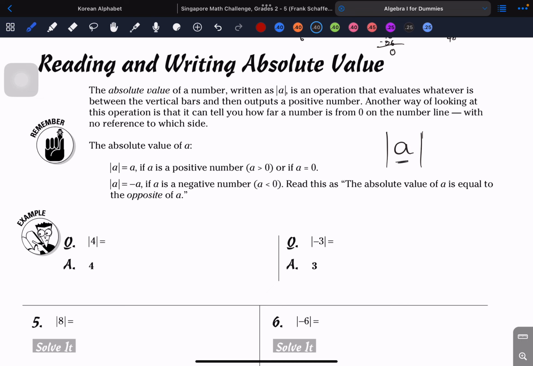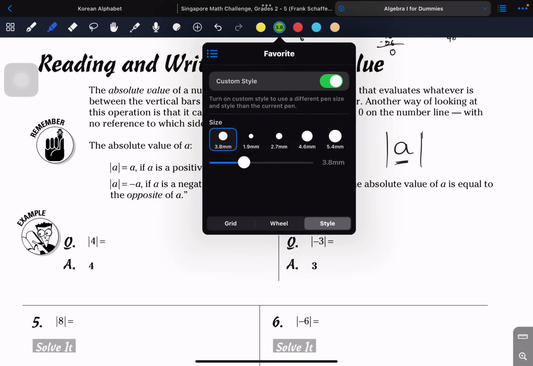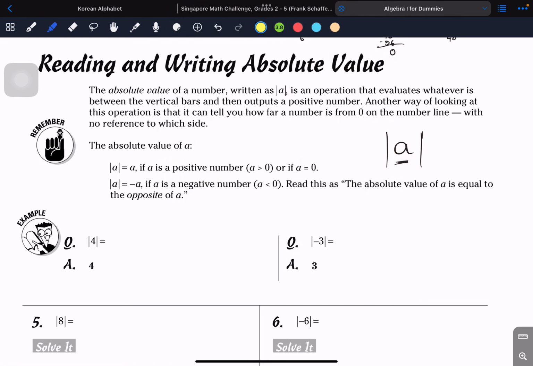Ilagay na lang natin 'tong algebraic expression na A. Sinasabi dito na ang output daw ng absolute value ay palaging positive number.